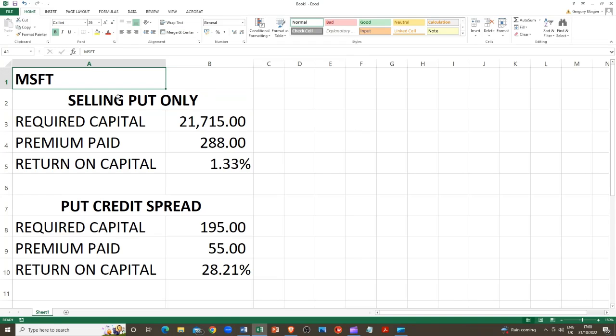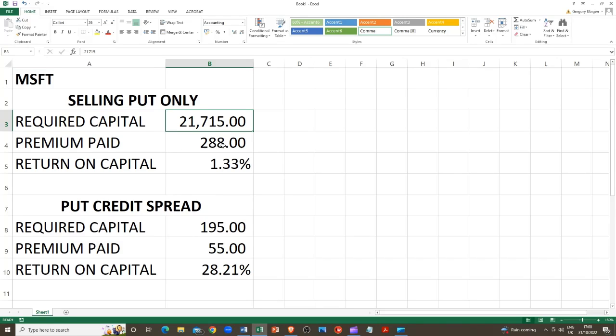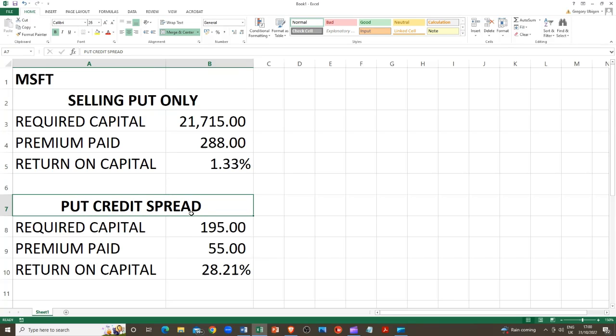Right, this is a breakdown of the comparison of selling a put only on Microsoft versus selling a put credit spread. As we saw in the demo transaction, when you sold a put only, the required capital was $21,715, and the premium that would have been paid was $288. This translates to a return on capital of 1.33%.